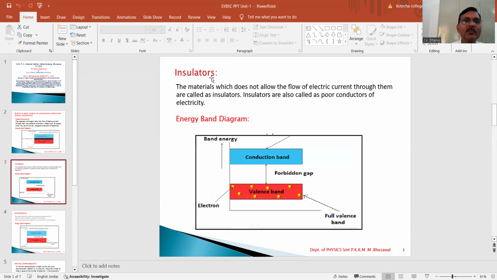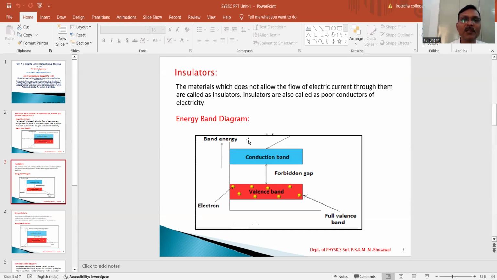Then insulators. The material which does not allow the flow of electric current through it is called an insulator. Insulators are also called poor conductors of electricity. Means in these materials, electrons do not flow because of high resistance.